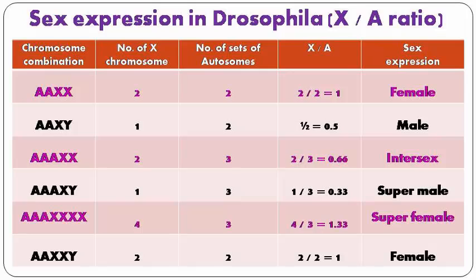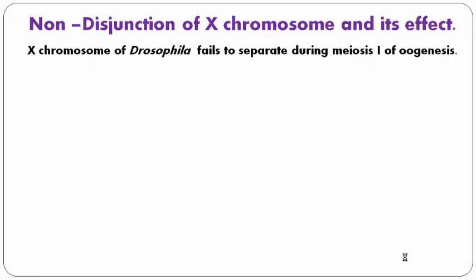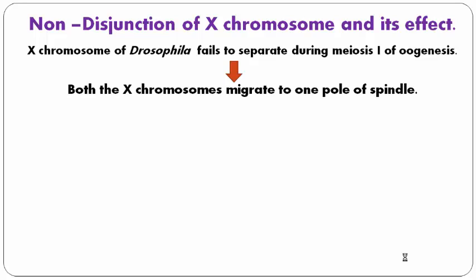In rare cases, the X chromosomes of Drosophila fail to separate during meiosis I of oogenesis, and both X chromosomes go to one pole of the meiotic spindle.